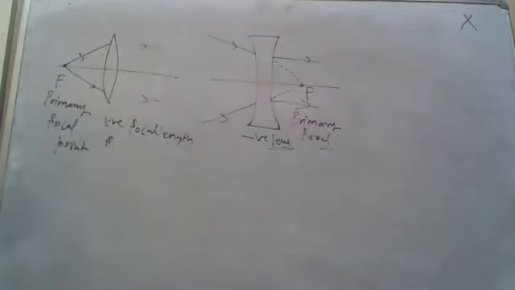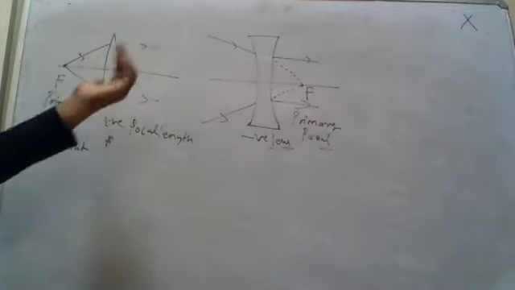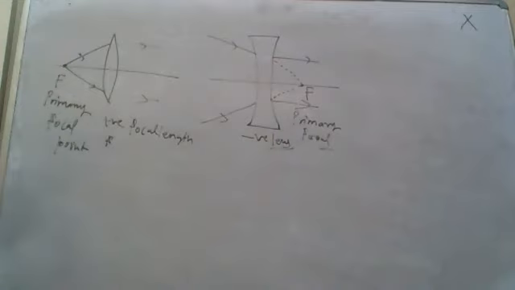So the secondary focal point is the point on the axis having the property that any incident ray traveling parallel to the axis will, after the refraction, proceed towards or appear to come from the secondary focal point.